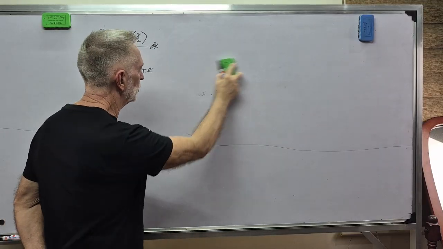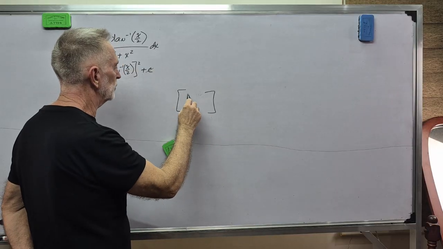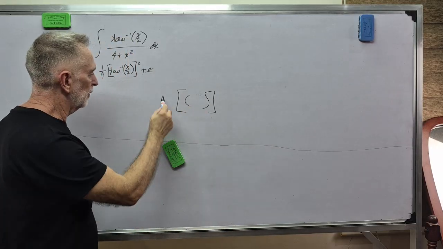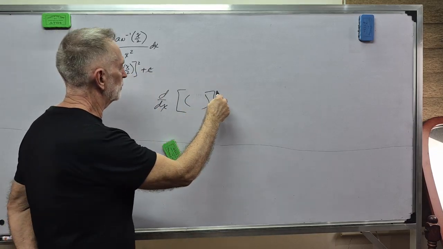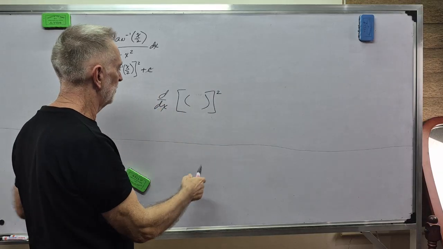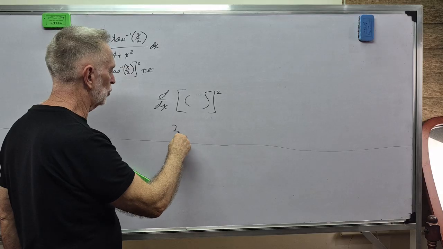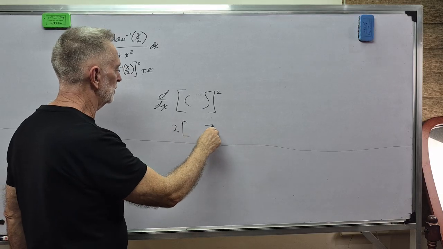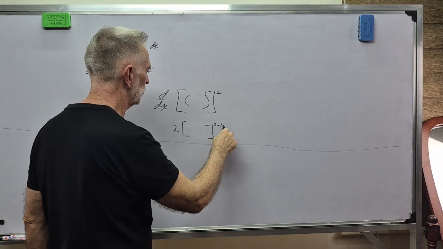Now the chain rule: if I have an outside function and an inside function, and I'm trying to take the derivative, which in our case has a squared term, that's the outside function. So I take the derivative, in this case 2 times the inside function to the power 2 minus 1, which is 1.